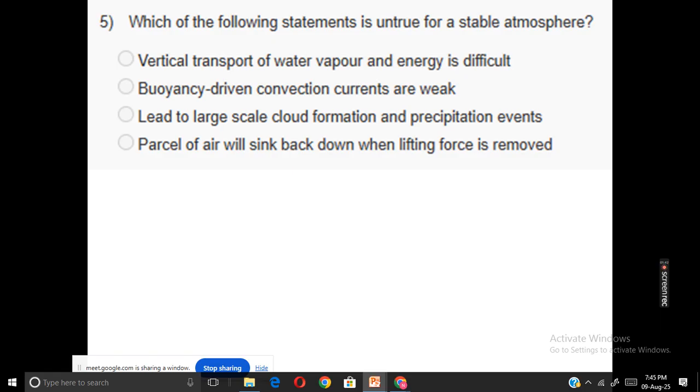Which of the following statements is untrue for a stable atmosphere? When we were talking about the stratosphere, I told you that when stability is there, there will be enough turbulent mixing, convection will be taking place, and there will be vertical transport of air parcels. Suppose we are considering a stable atmosphere, which of the following is untrue?